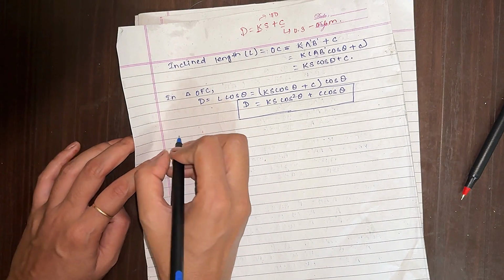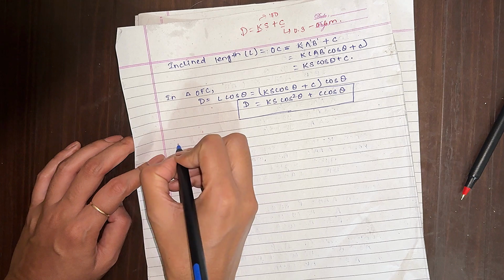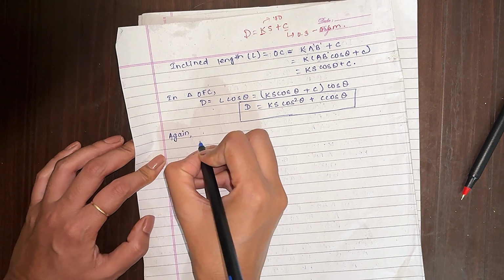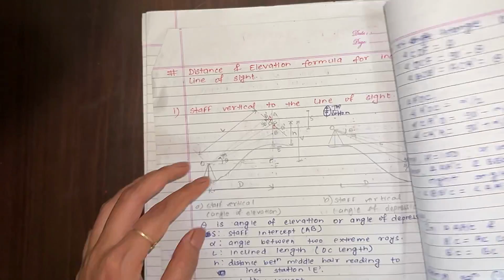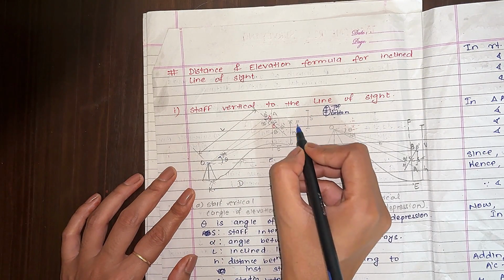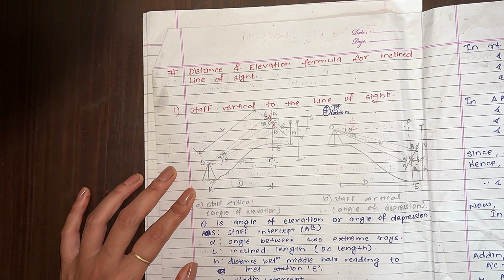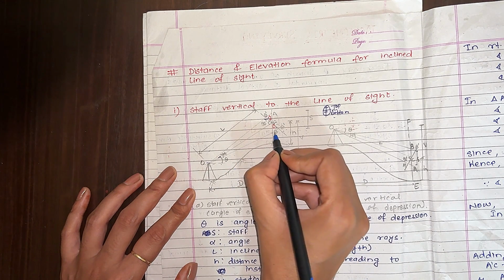Now for the vertical distance V, where V is the distance between the horizontal line of sight to the middle staff reading.